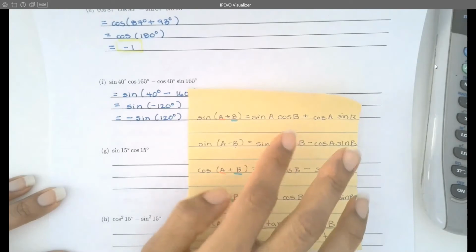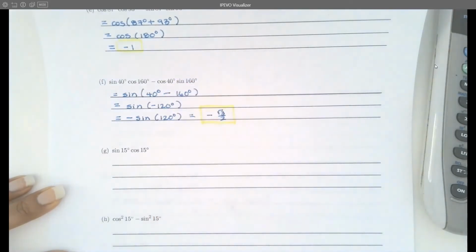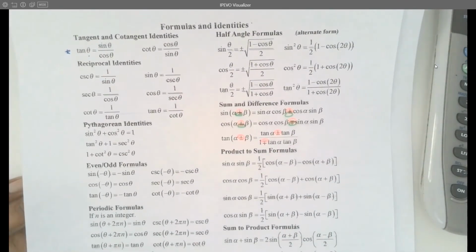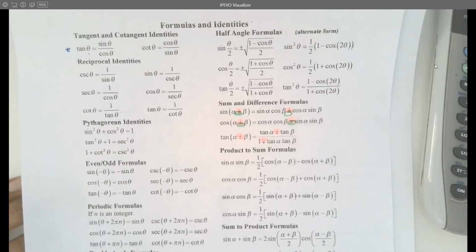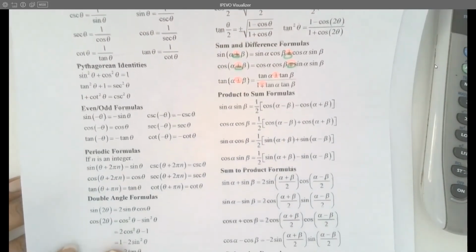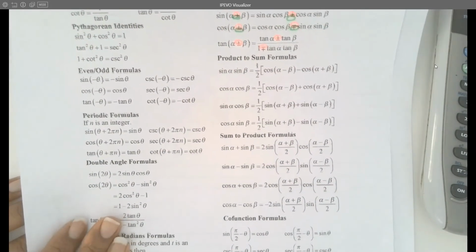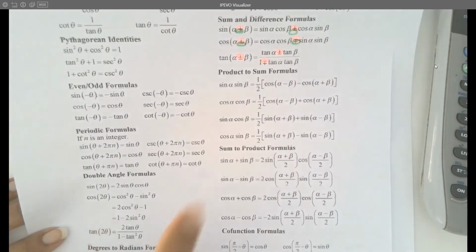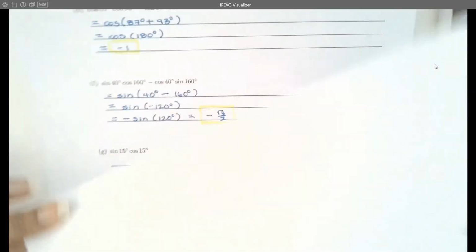So it's not really any of these formulas, which means that we have to refer back to our cheat sheet and see if there's anything that might fit better. So take a moment to look through the formulas. And there is actually one here that looks very similar to what we have.